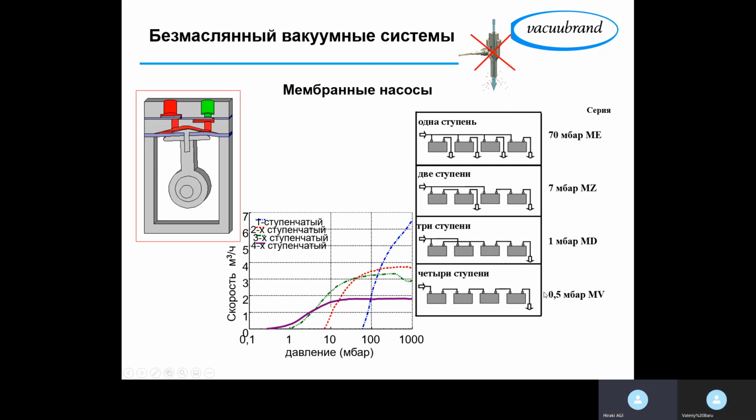So usually for the reactor system, two-stage would be enough for most of the applications. Again, that depends on the application, but I would say that in 80% of the applications, two-stage is more than enough.